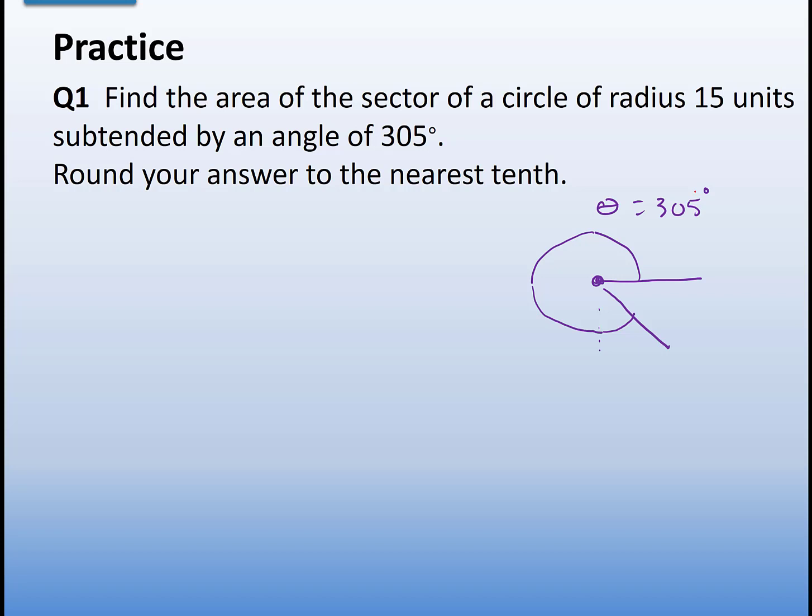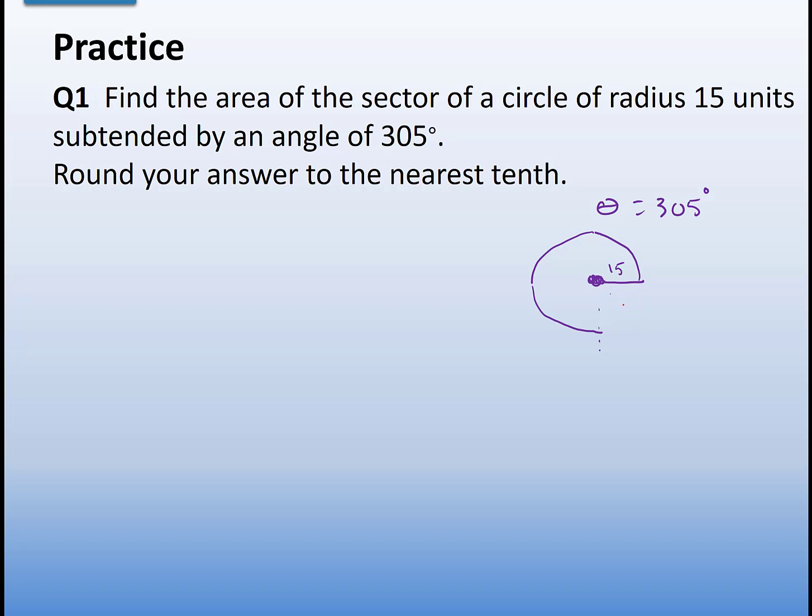So we're asked to find the area if the radius is 15. So imagine it is a pizza. And they cut the pizzas so that this is 15 inches. So that's a pretty big pizza. But just imagine that's a pizza.